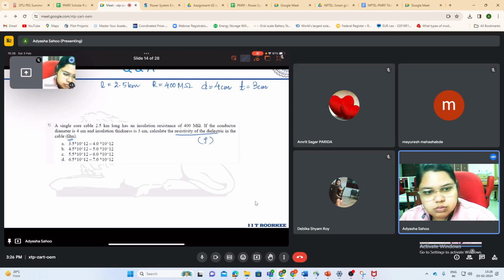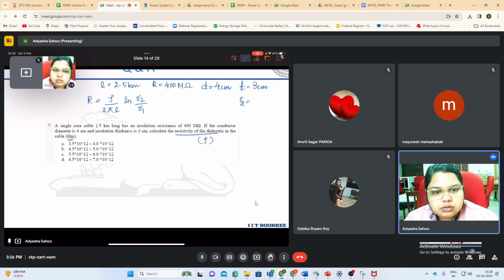You remember the formula for resistance, right? It is R equal to rho over 2 pi L times ln R2 by R1. So what is this R2?